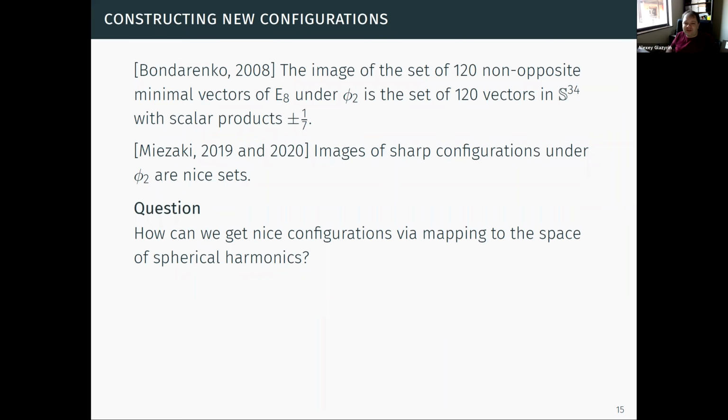Is there any general way of getting nice configurations using the mapping that we have? In order to study that, we have to learn what nice configurations are. So what do we mean by nice? What do we want to get out of this mapping?